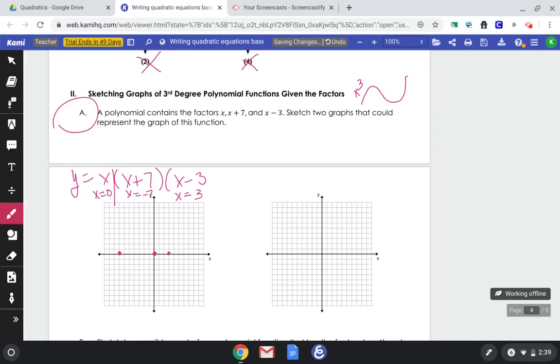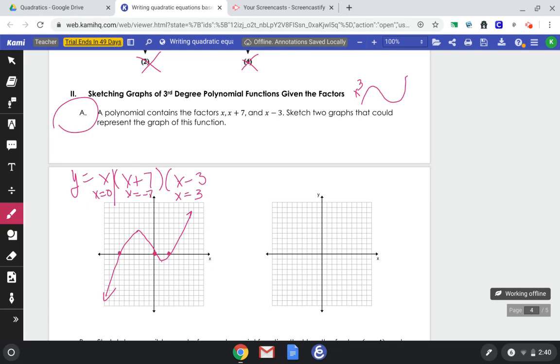If these are roots, I know halfway between I would have a vertex. So I could say this curve could look like this, and this could come down like this, and it could go back up like this.